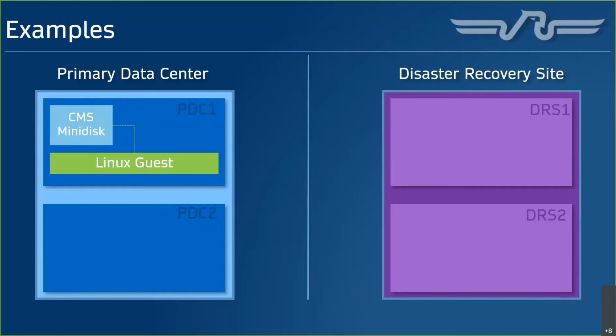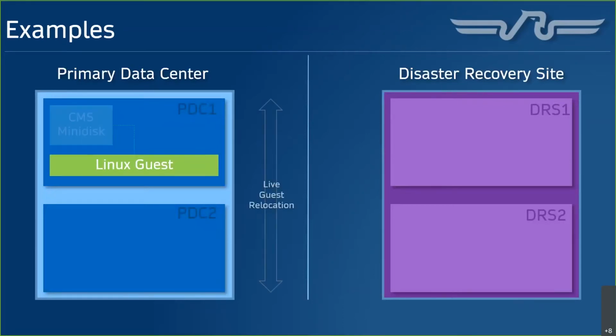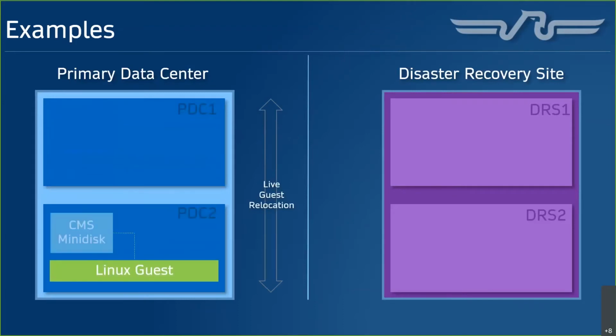That means I need to take an outage, right? Well, not when you're in an SSI cluster, because you've got this awesome thing called live guest relocation, where you can non-disruptively move that workload to a different LPAR in the same SSI cluster and keep going, and do whatever you need to do in the partition that you've relocated it from.